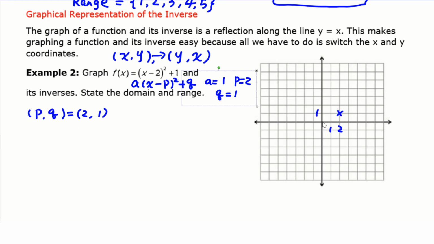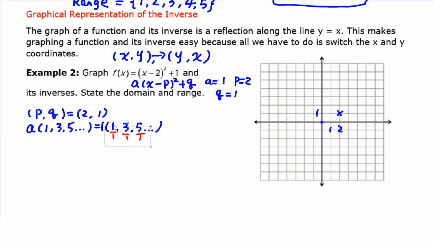The vertex shifts from 0, 0 to right 2, up 1. And after that, we could use a step pattern, a value times 1, 3, 5. Then it is 1 times 1, 3, 5. And the step pattern means slope from vertex.